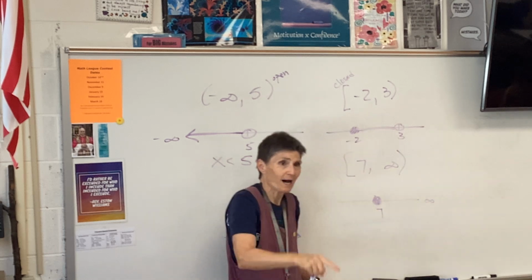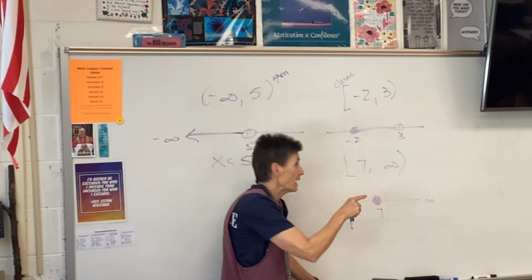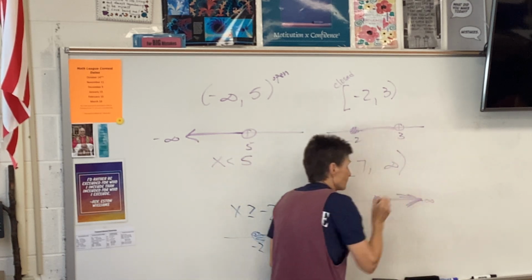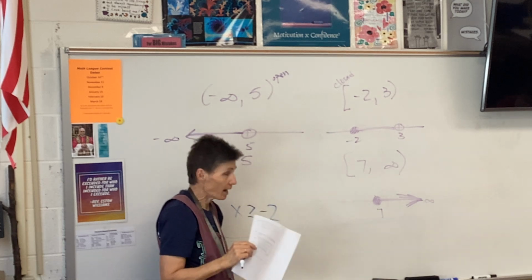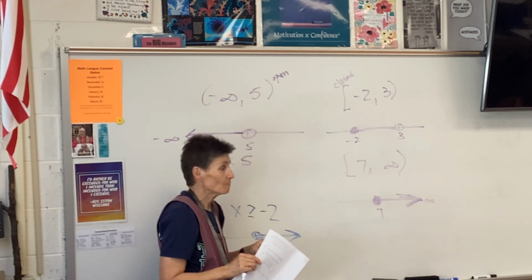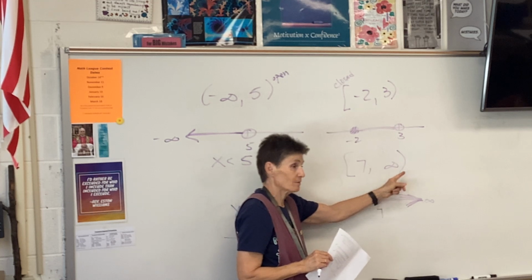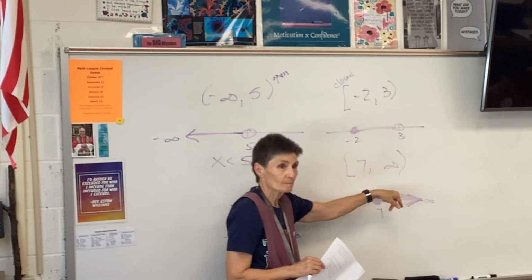Do not dot an infinity. It's just over there. And that's the direction we're going to go. Because you can't dot an infinity, these will always be open. Infinity brackets, parentheses, always open. Always.